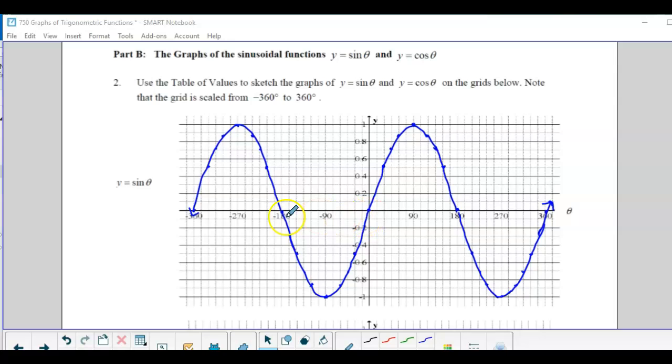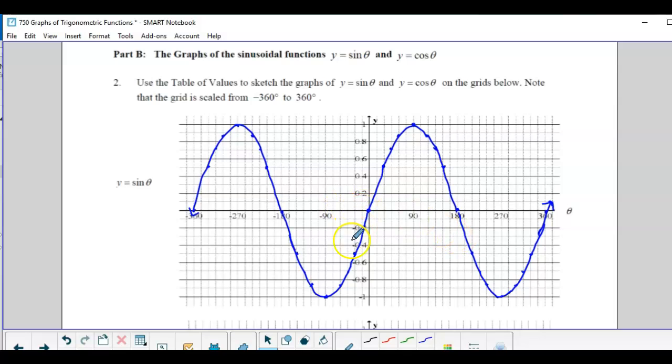So for 0 to negative 360, we're going to go down to the left and then come back up. So y equals sine theta is always what we call sinusoidal. It's cyclic. It repeats itself, okay? Same distance, so one cycle goes from 0 to 360, because that's one hill and one valley.